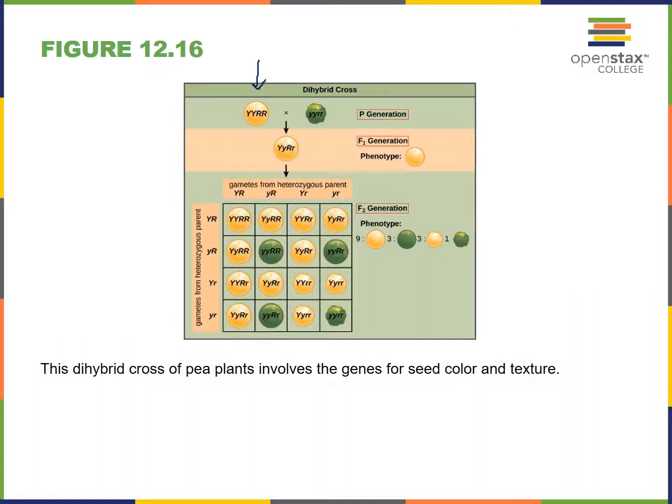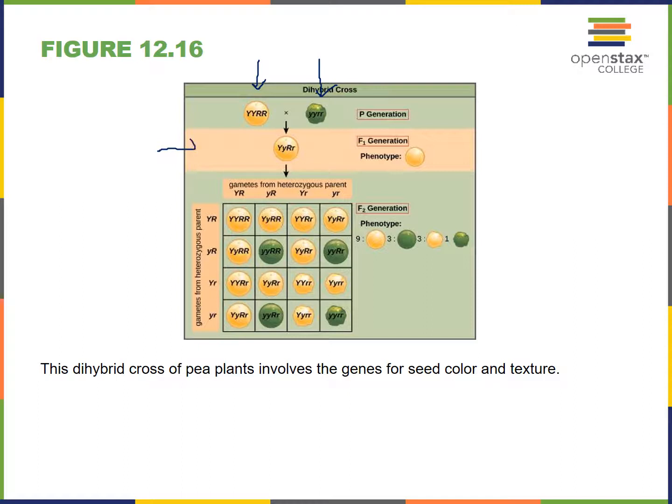They are homozygous dominant for both seed color, yellow over green, and seed texture, round over wrinkled. And he crossed those with the recessive true breeding plants. So these plants had green seeds that were also wrinkled. So as P generation, you had plants with yellow round seeds, and you cross those with plants with green and wrinkled seeds.